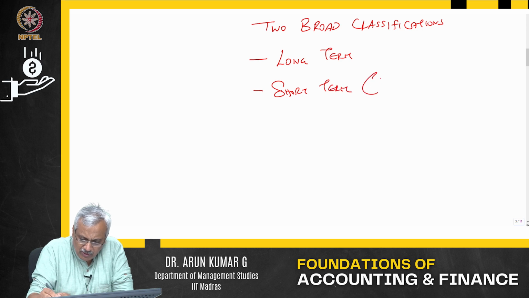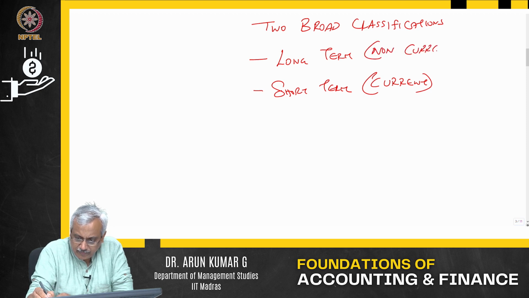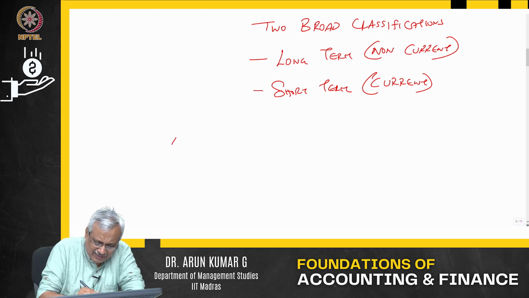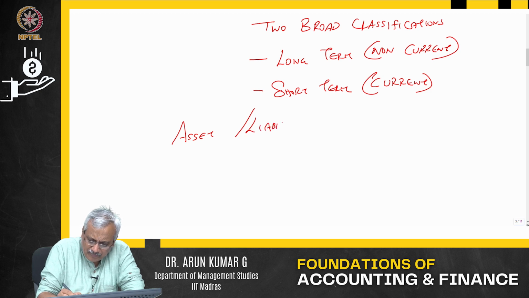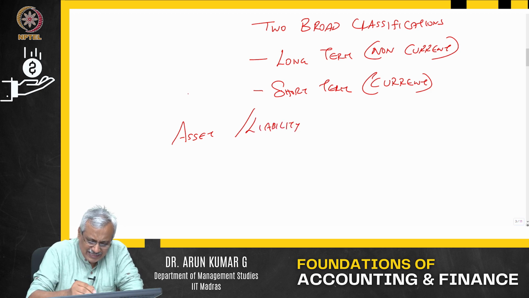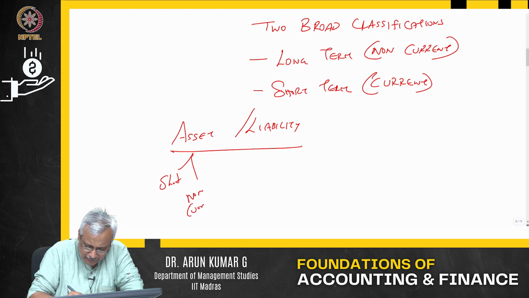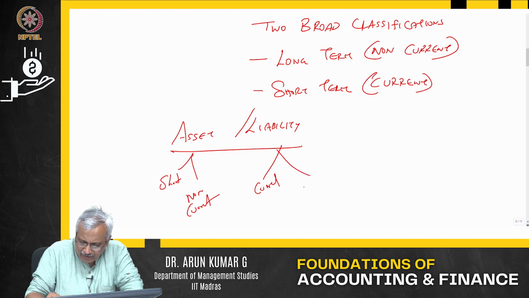Short term is also called current, long term is also called non-current. Any kind of an asset or a liability is classified under short term and long term. Liabilities can be again current or non-current.